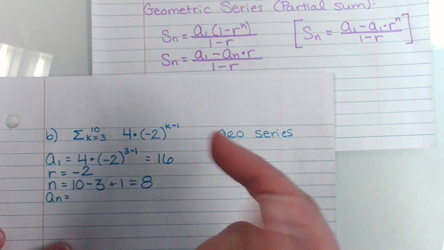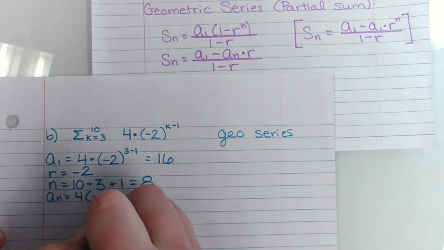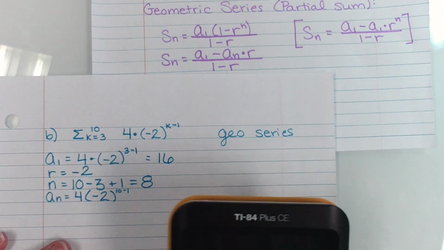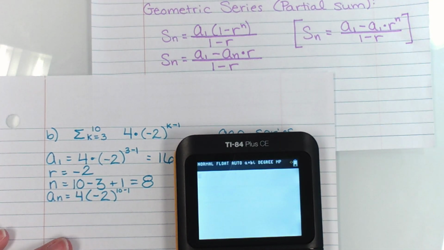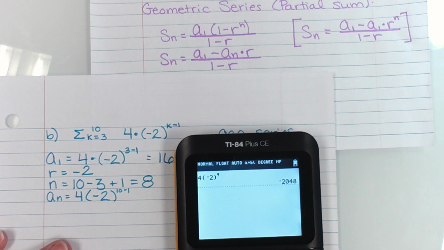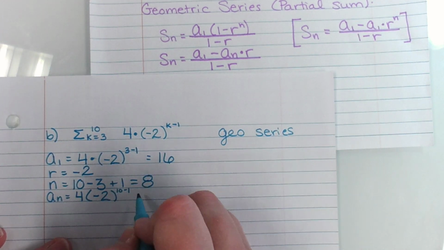Plug the top number into the expression. So 4 times -2 to the power of 10 minus 1. 4 times -2 to the power of 9. Negative 2048.